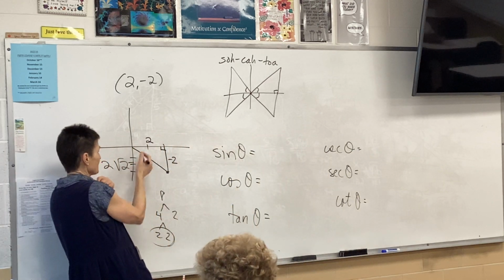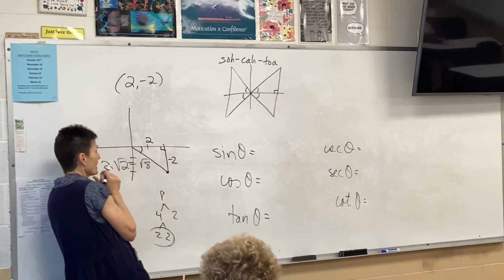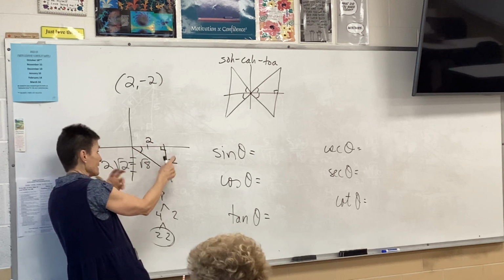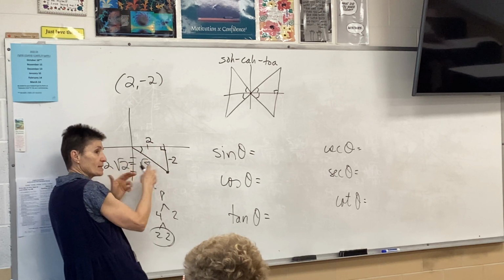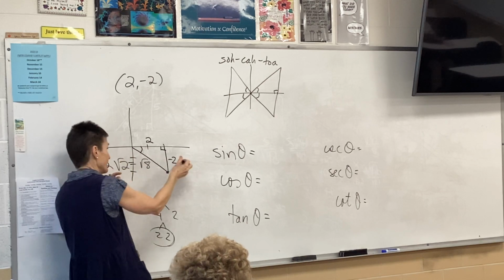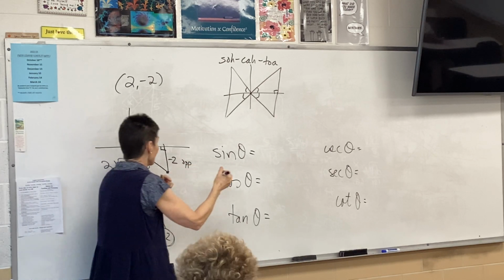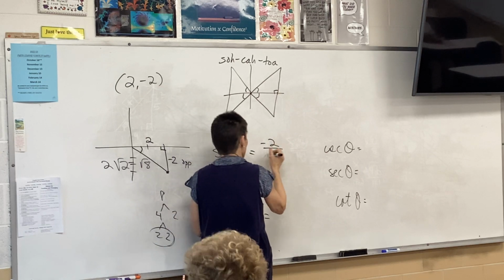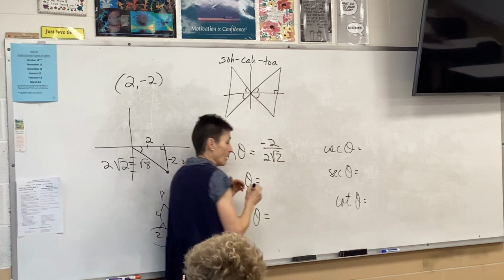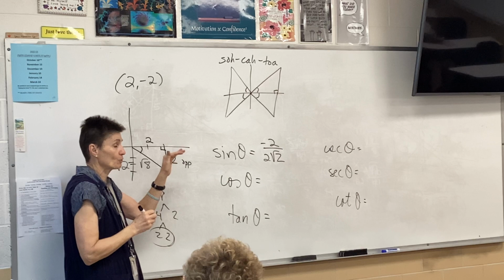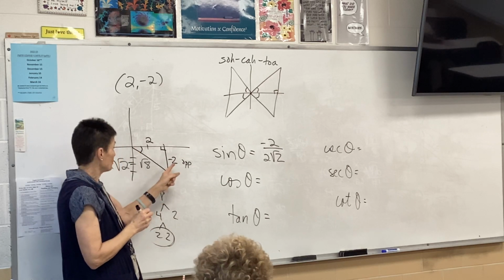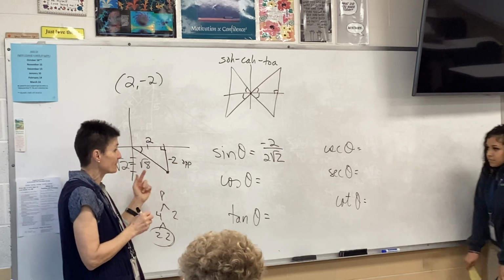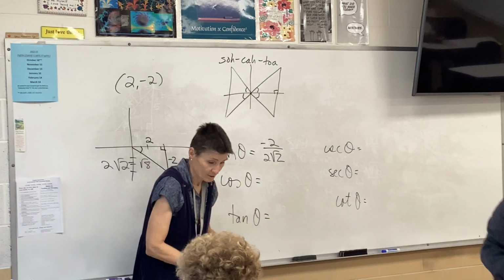Here's, you do it the same way. Which side is opposite? This is your angle. Which side is opposite? The negative 2 or the positive 2? Which of those sides is opposite? The negative, this is opposite. So negative 2 over 2 root 2. Now I'm going to come back and simplify that for sure. But right now, would you agree that's what I'm starting with? Opposite over hypotenuse.